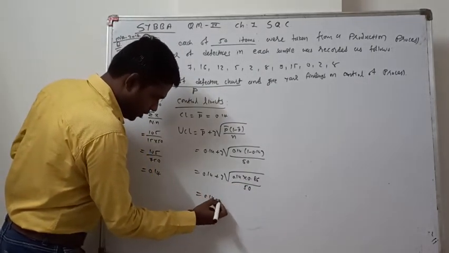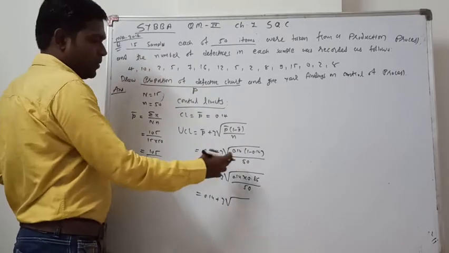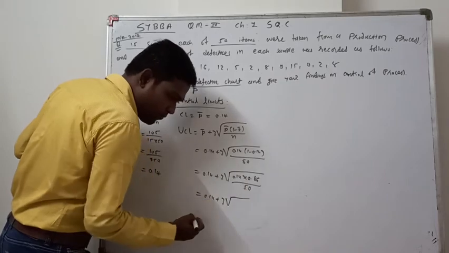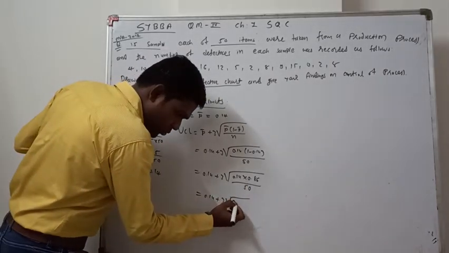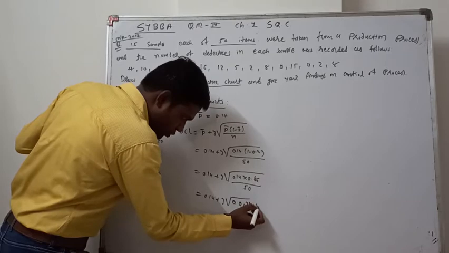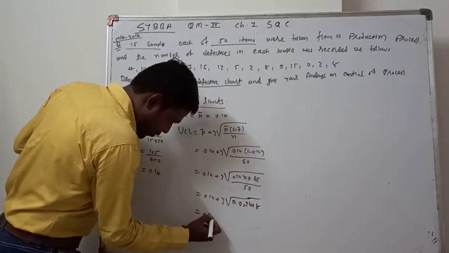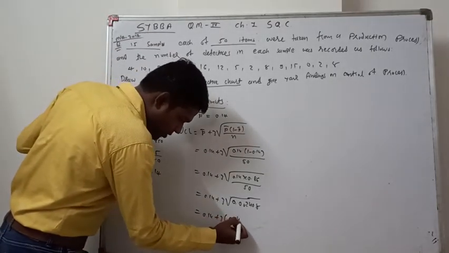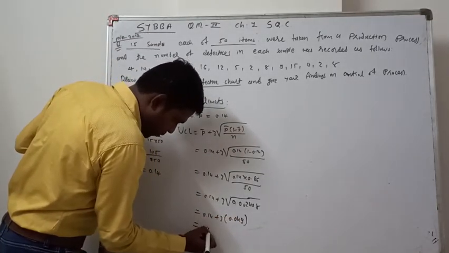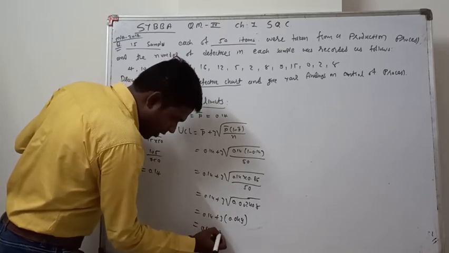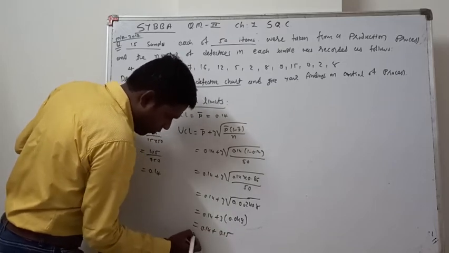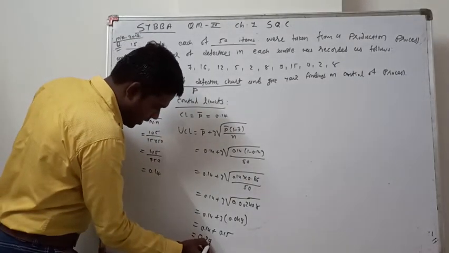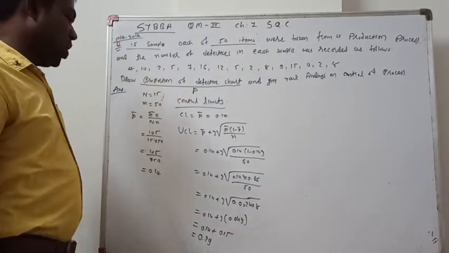First multiply this, then divide by 50, and the answer is 0.002408. Now the square root of this is 0.049. Multiplying with 3 gives 0.15, and the total is 0.29. So this is our upper control limit.